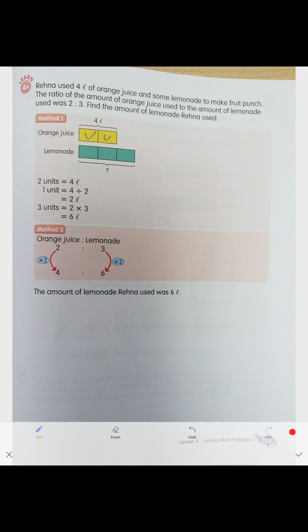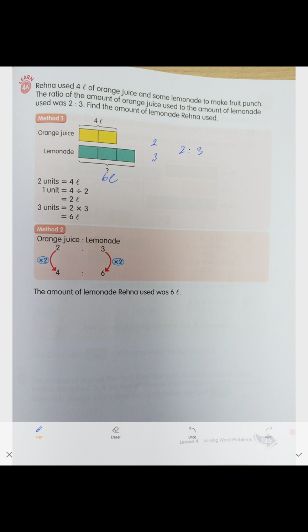You have 2 units, right, and here you have 2 to 3. This is your ratio, you have your units, right? So 4 liters is 2 units. So for lemonade, 2 units is 4 liters, 1 unit is 4 divided by 2. 2 liters is 1 unit. If 2 liters is 1 unit, 3 units is 6 liters. Okay? 6 liters.